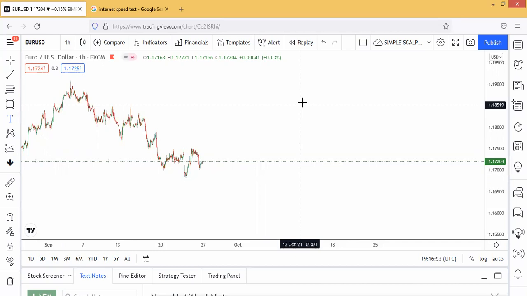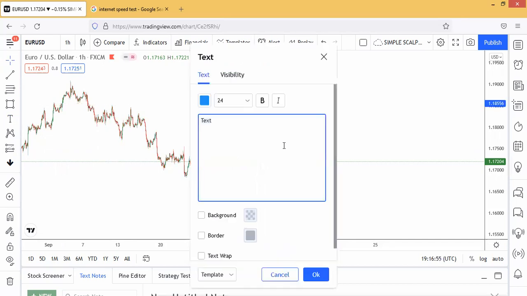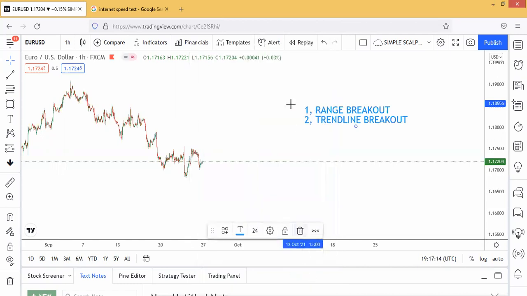Let me try to list that in the chat. One, range breakout. Two, trend line breakout. So range breakout and trend line breakout.